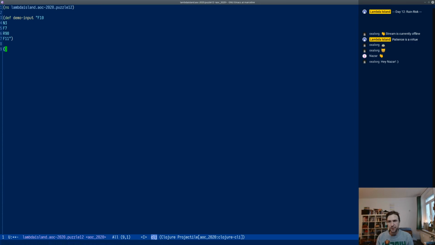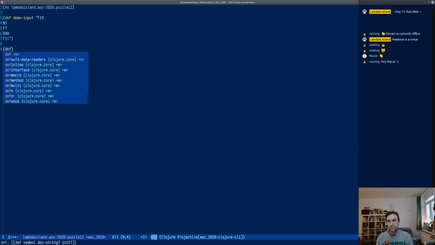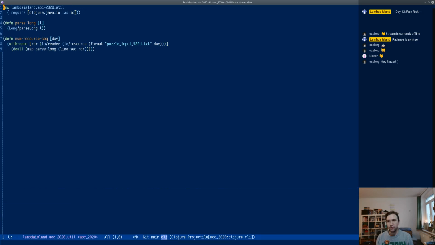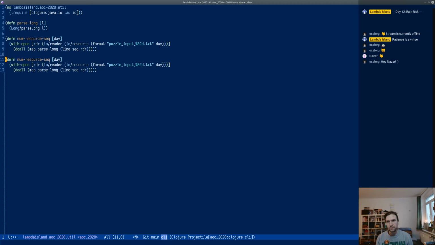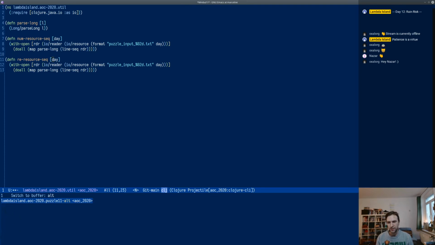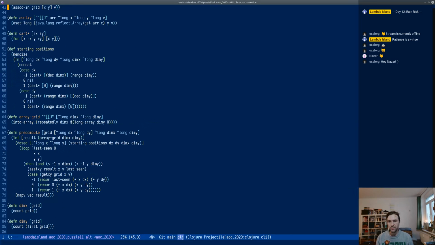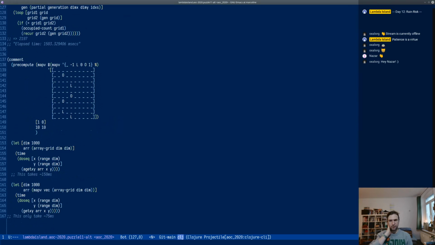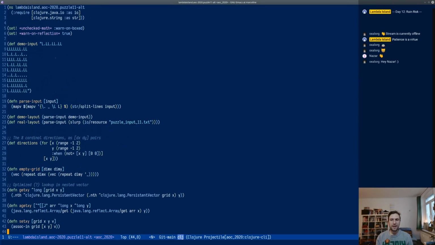Actually, yesterday I ended up spending a bunch more time trying a different approach and it did not work. I spent a lot of time on it, and my alternative approach, which you can find in the repo, Puzzle 11 Alt, tried various performance tricks. It was still slower than my first solution.